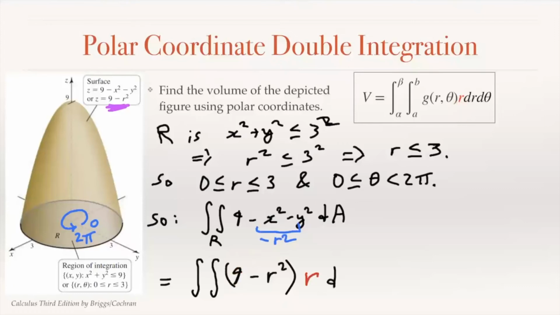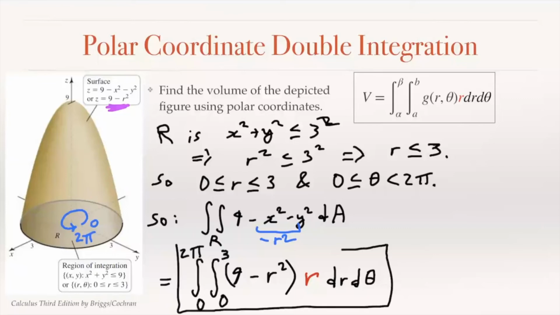And we'll integrate dr dθ with the appropriate bounds. r varies between 0 and 3 in this case, and theta goes between 0 and 2 pi. And by Fubini's theorem, because these are constant bounds, you can actually swap these and swap the dθ dr if you wanted to. In this case, it really doesn't matter though.